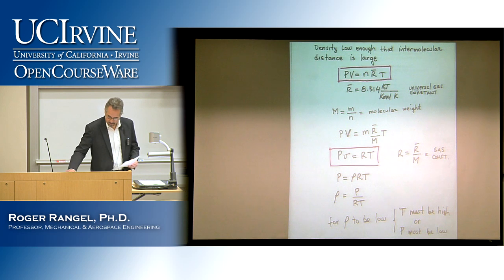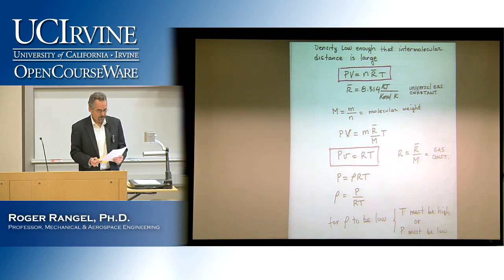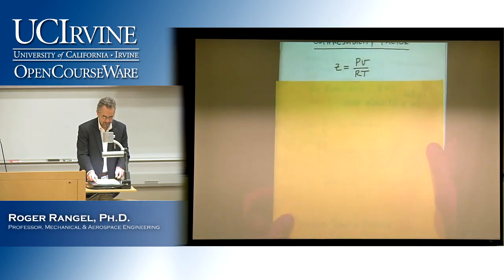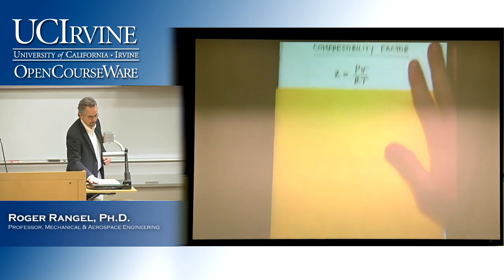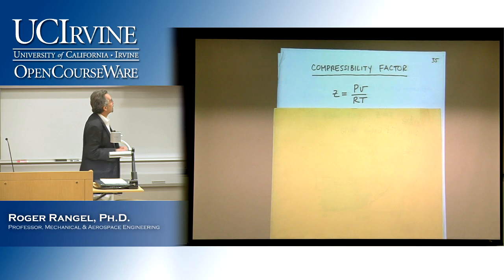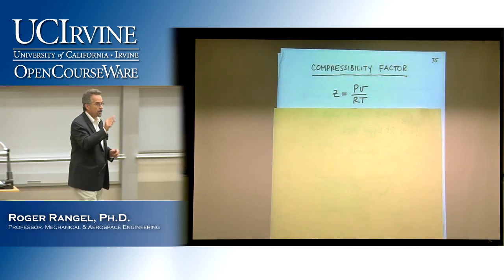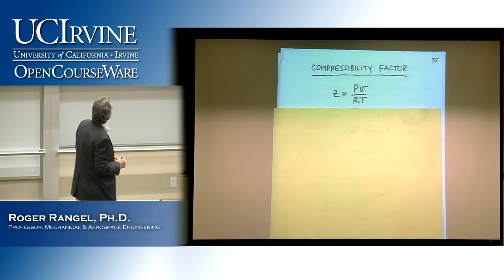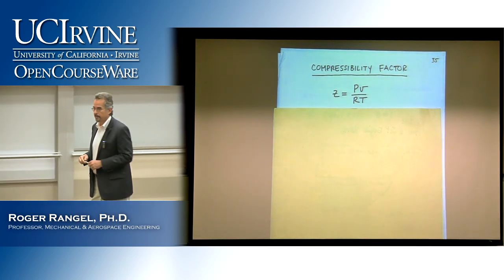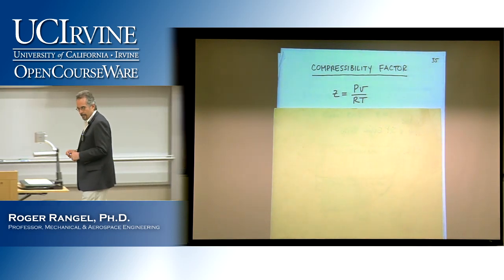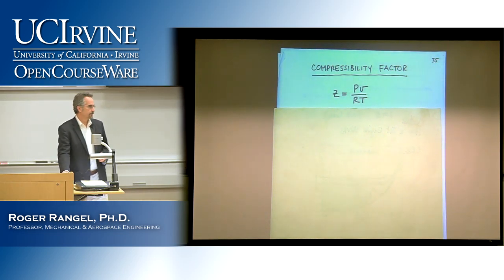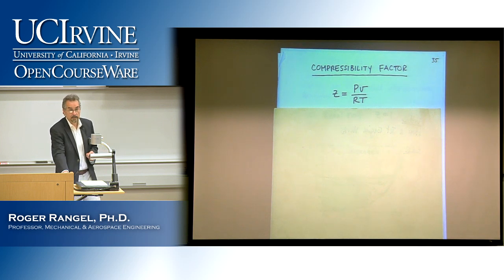And that modification uses something that is called the compressibility factor. So introduce this parameter called compressibility factor, Z, and define it. It's defined by the ratio of P times V over RT. Okay, let's define that compressibility factor that way.